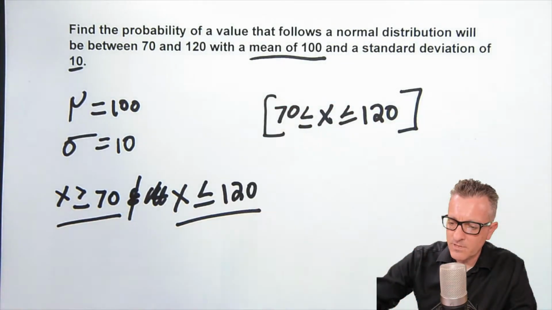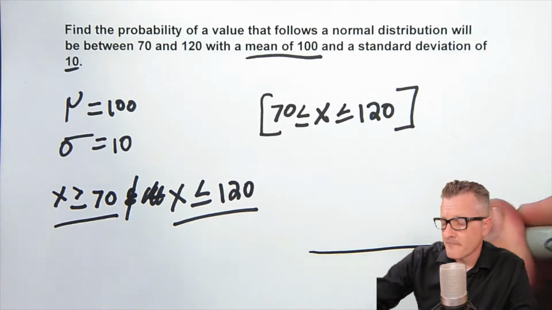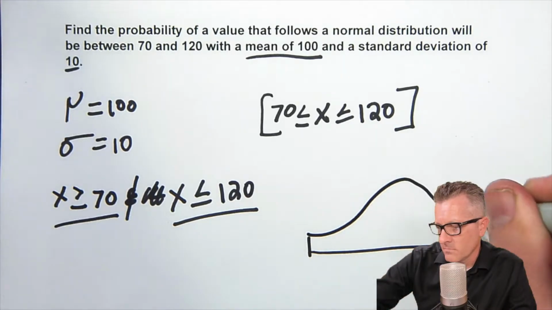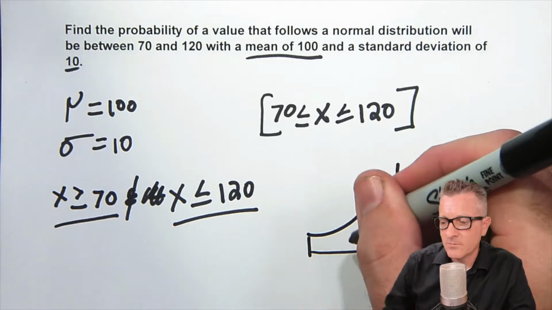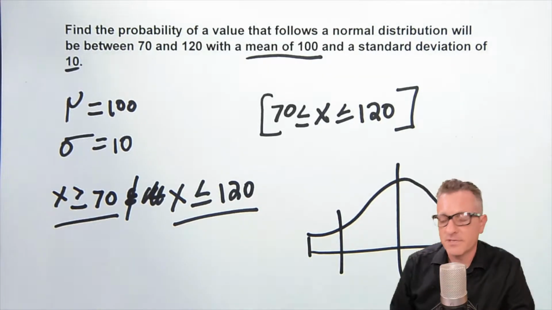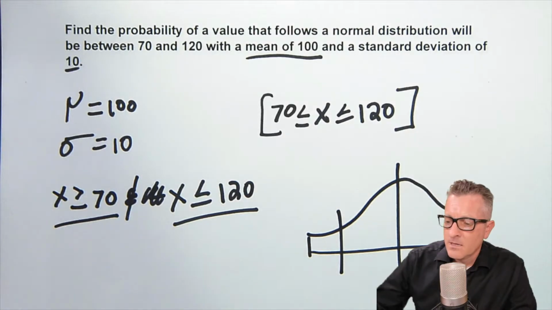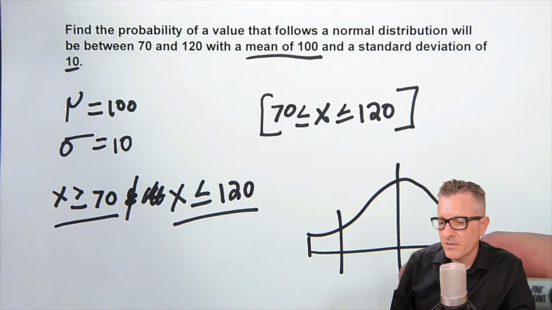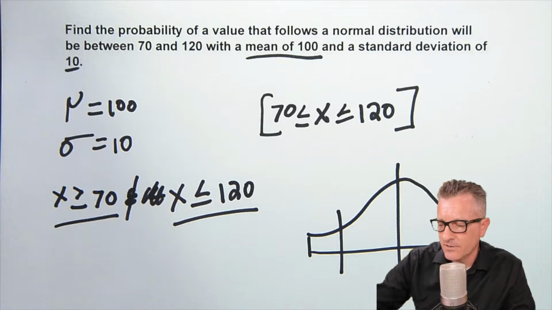Okay, so this is what we know. Let's draw out our picture. Now in this case, we know that we're going to have lines on both sides. And then we just go and we fill it in. We put mu in the middle, and mu in this case is 100. So mu equals 100.